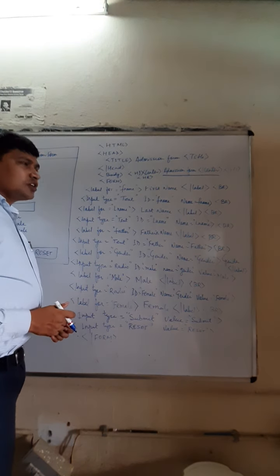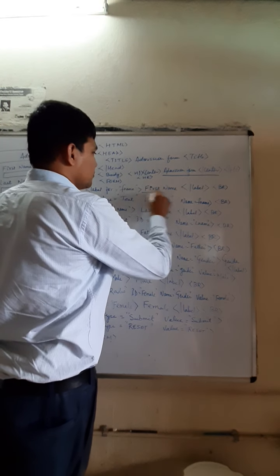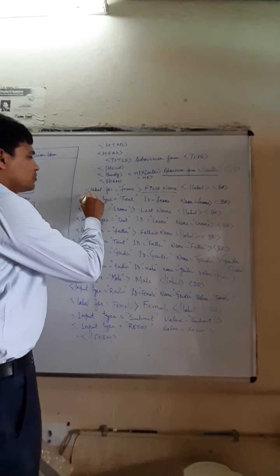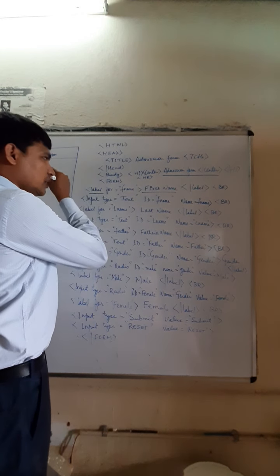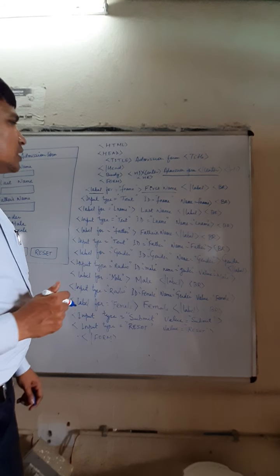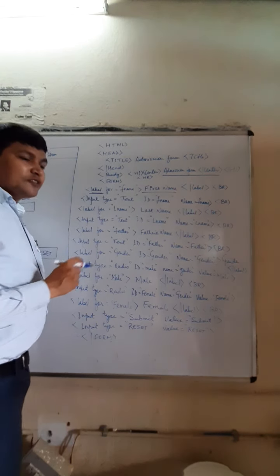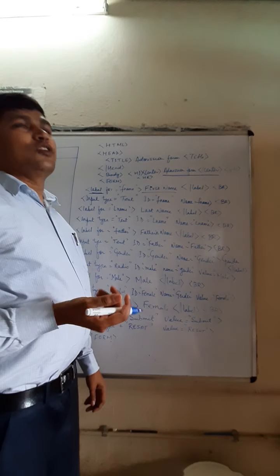Students, first of all I have to write the first name. The first name will be displayed with the help of the label. In the previous class I discussed how to display the label; the label is used to display information on the screen on the form.